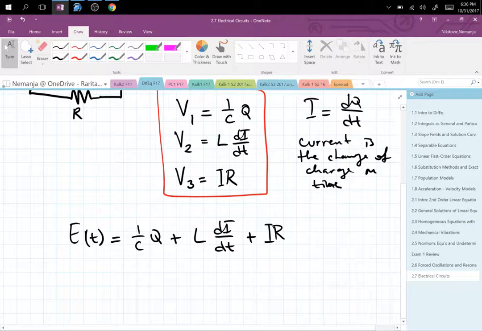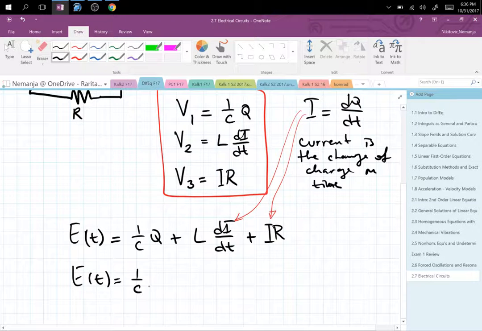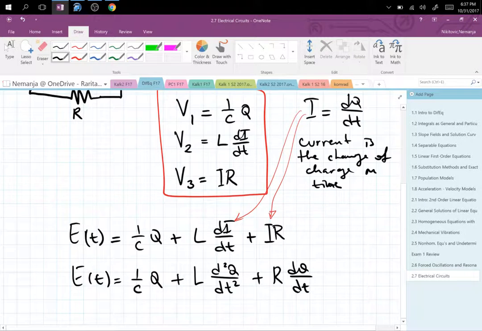So now you get to plug in this I into these two locations. We get E of t is equal to 1 over C Q plus L times the second derivative of charge over dt squared plus R times dq dt.